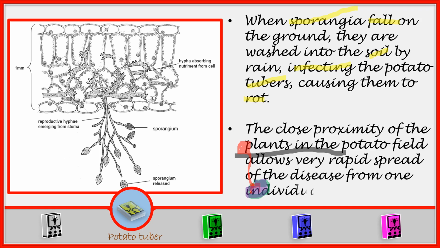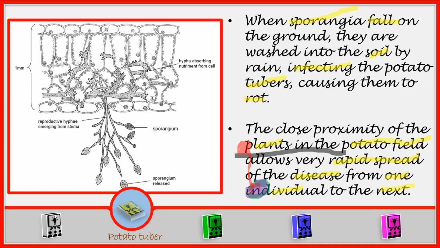The close proximity of the plants in the potato field allows the very rapid spread of the disease from one individual to the next.